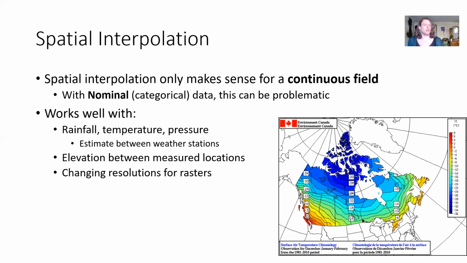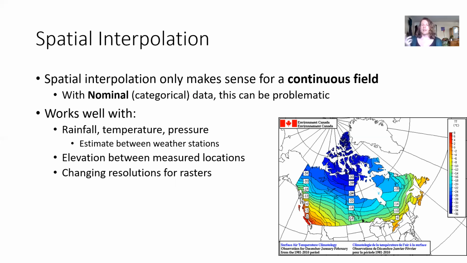Spatial interpolation only makes sense for a continuous field, so something where it varies across space, like temperature or precipitation or elevation. With categorical data, like land cover, it can be a pretty problematic thing to do, and it doesn't work very well. So spatial interpolation works really well with rainfall, temperature, pressure, most weather observations in general. So you can use it to make estimations between weather stations.